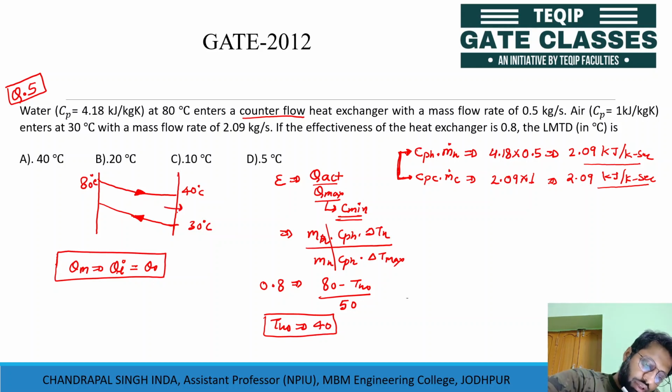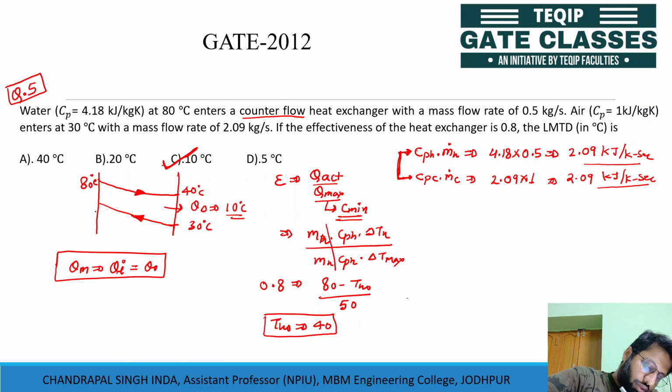So if we find the outlet temperature of hot fluid, then theta at outlet will be equal to 10 degree centigrade. So LMTD for this given question will be equal to 10. Theta mean is equal to 10 degree centigrade.